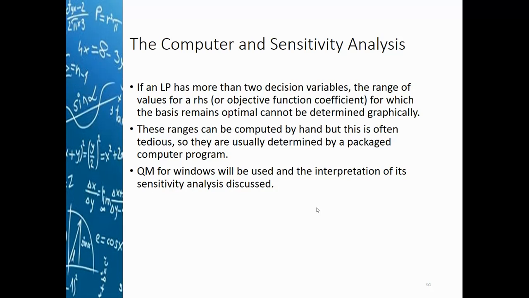You still have some idea of where your optimal solution is, and what happens to your variables, but in an easier way for you to solve. That is when the machine takes place, meaning that you can always use software. In this case, I'm going to show you just one example of using the QM for Windows software. It's cheap, straightforward, and you can get lots of benefit from that.